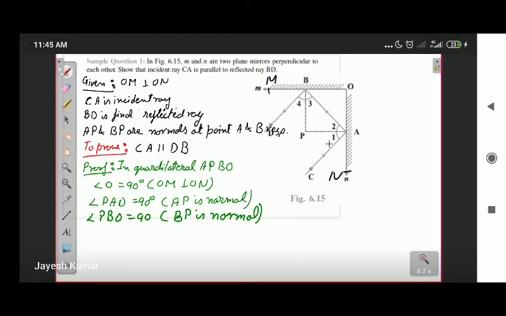In this manner, three angles of this quadrilateral are 90 degrees.